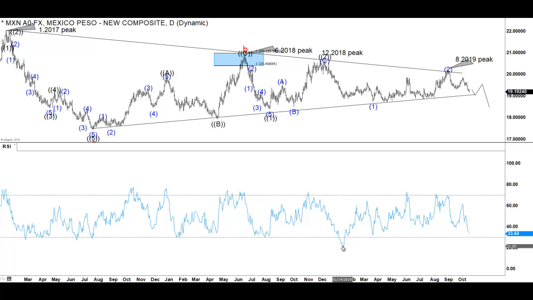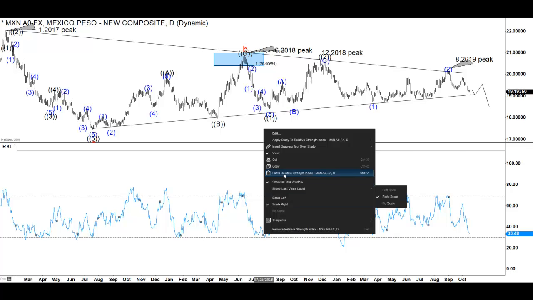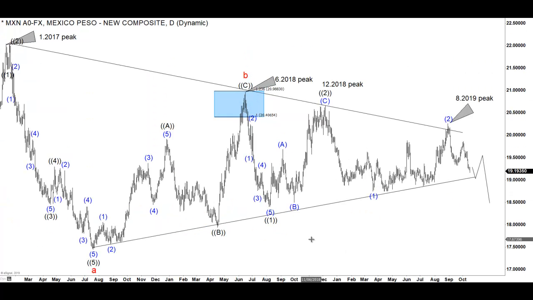On the other hand, this low reads lower than this series of lows over here. Consequently, we believe that the market is doing a nest, which is a series of 1 2 1 2, and that the market is going to break sooner or later to the downside and finally break this low of 2017.